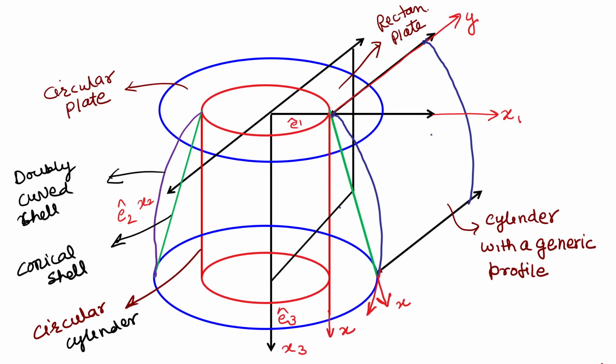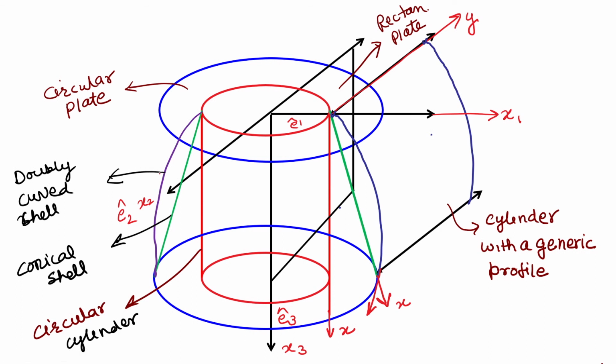Then the surfaces of revolution, basically through the generator. This is the most important figure you will find in most textbooks on shells, showing how with the same concept of e1, e2 and x1, x2, x3 we can generate different shell surfaces. If we take a cylinder, then this red one becomes a cylinder and this surface reduces to a circular plate. If we connect this cylinder to the outer cylinder, then it will be a conical shell.